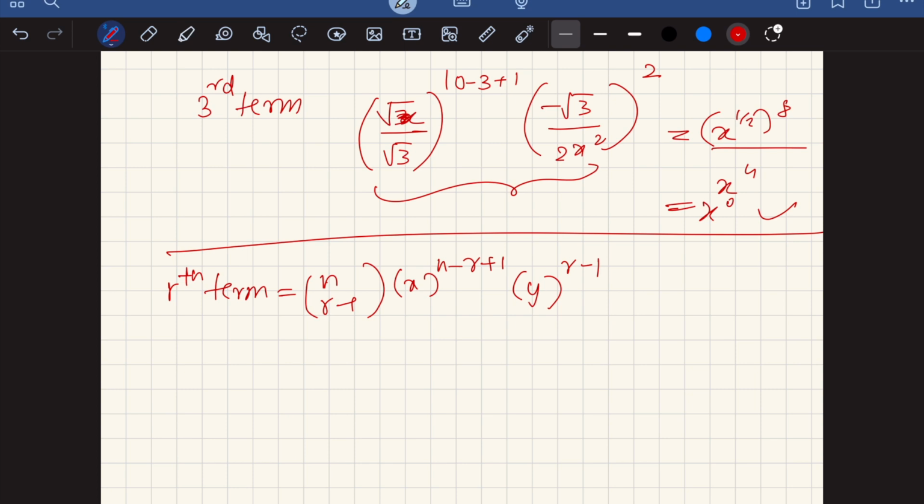So the rth term is n choose r minus 1, x to the n minus r plus 1, and y to the r minus 1.